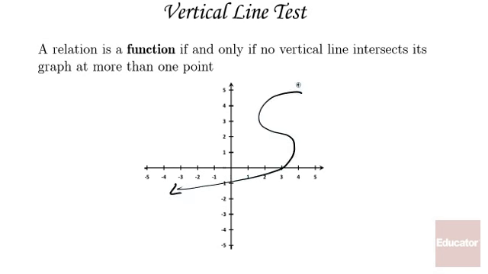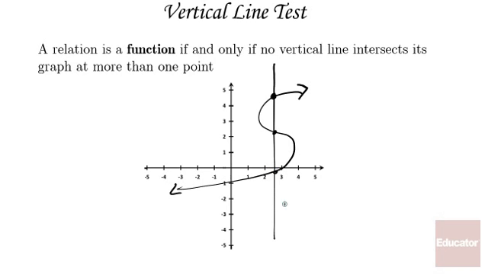Okay. In the vertical line test, what you're seeing is, can you put a vertical line somewhere on the graph so that it intersects the graph at more than one point? And I can. I put a vertical line here and it intersects this graph at 1, 2, 3 places.